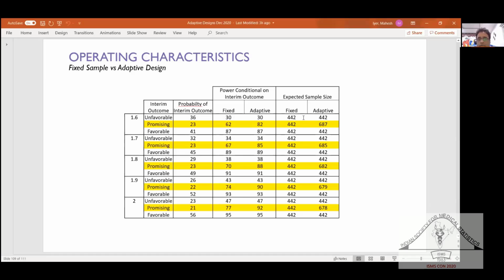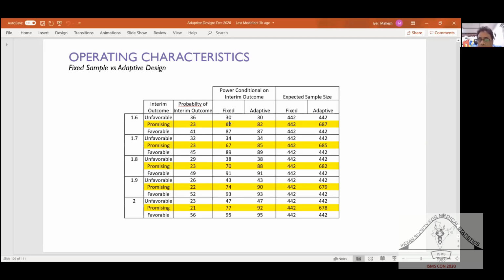For a fixed design, with delta values from 1.6 up to 2, it is always 442. For an adaptive design, if it is in the unfavorable zone, it's 442 because you're not increasing your sample size. If it is in the favorable zone, it is 442, you're not increasing. But if it is in the promising zone, then you increase to 687, 685, 682, 679, and so on.